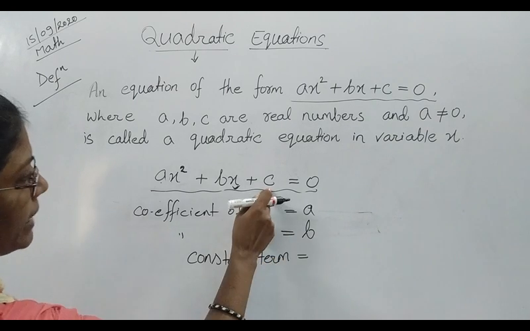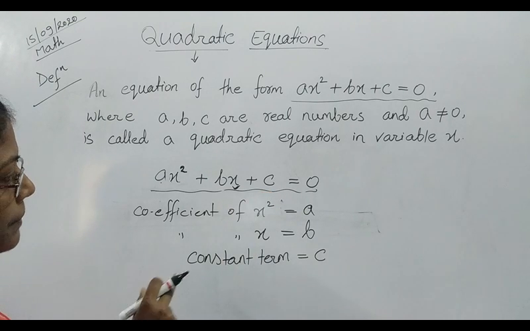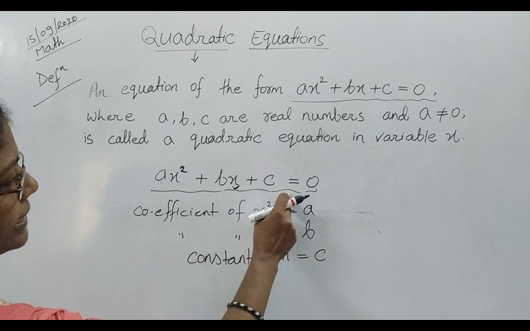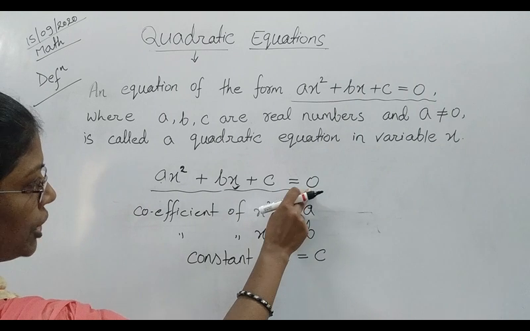And the constant term is c. When we say c is the constant term, remember student, in the general form always after equal to you have to write 0.